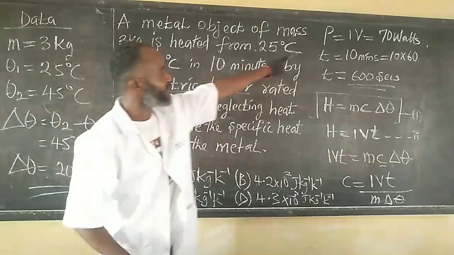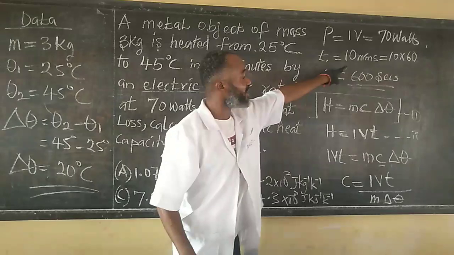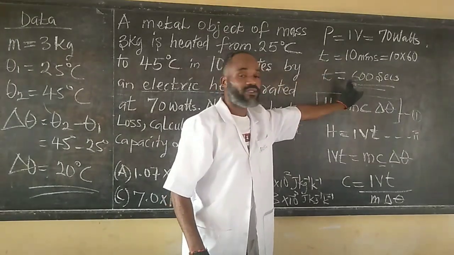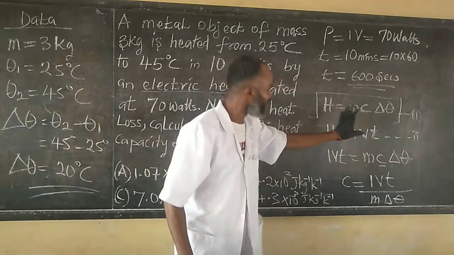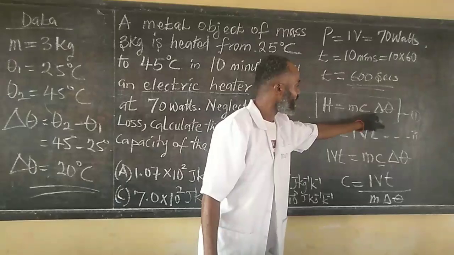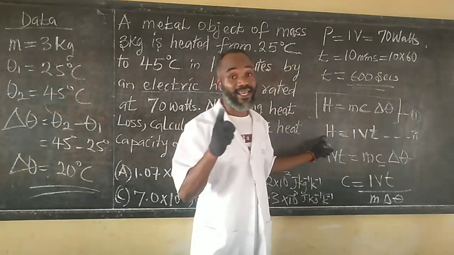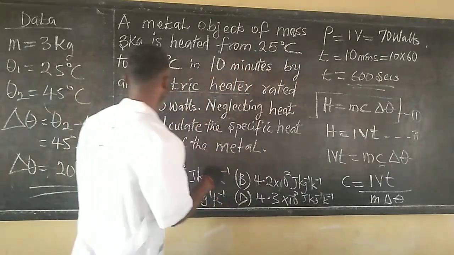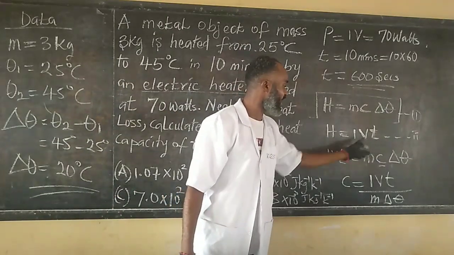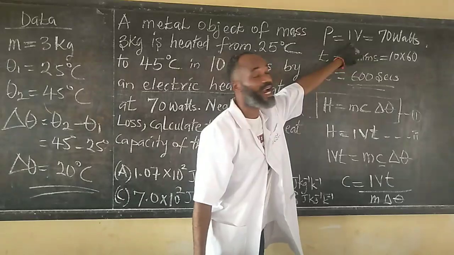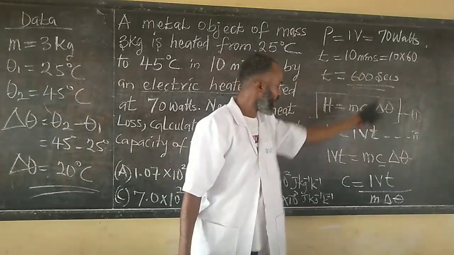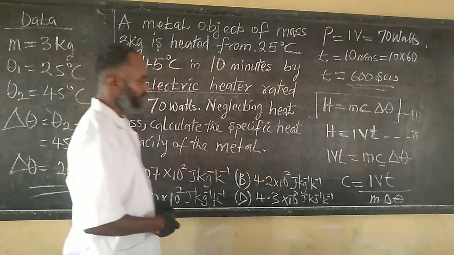Time given is 10 minutes, and we converted it to 600 seconds. And this is the relation: H is equal to MC delta theta. H, the heat supplied by the electric heater, is equal to IVT, and this IVT represents power, which is given to us as 70 watts. And all that stands.